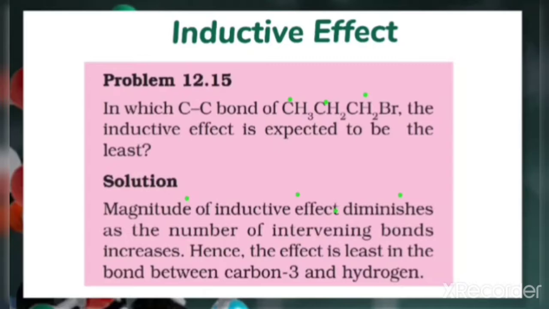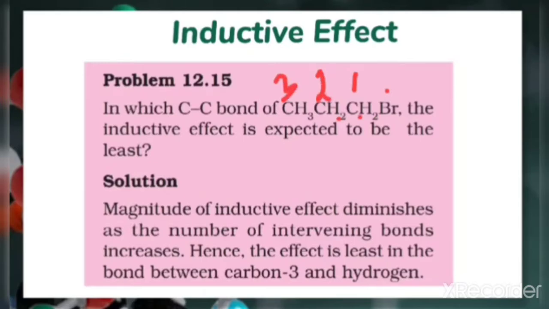So the effect is least in the bond between the third carbon and hydrogen. The polar bond is between the first carbon and Br. This is the first carbon and Br, this is the second carbon, this is the third carbon.